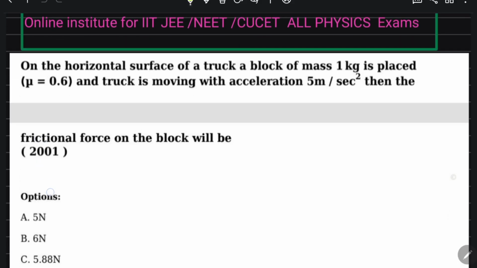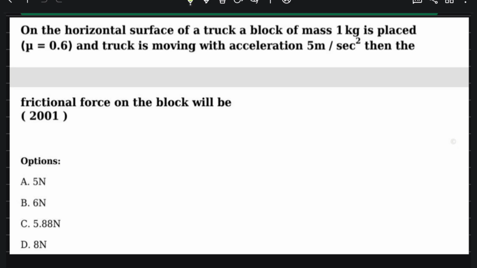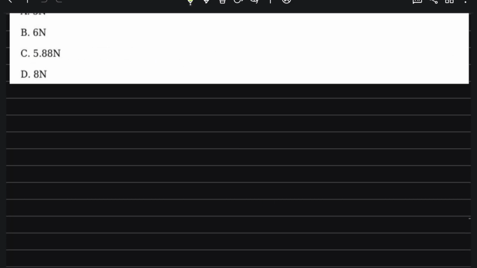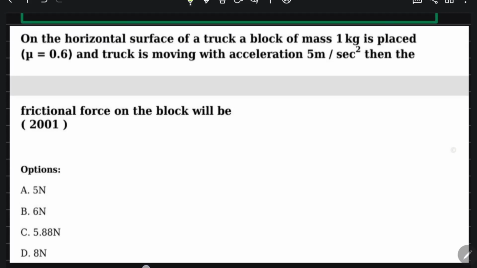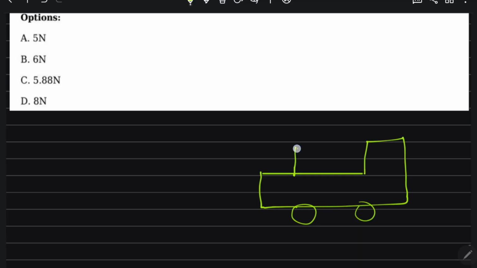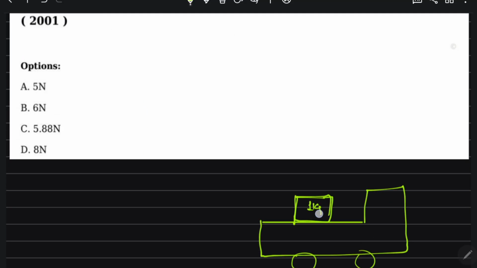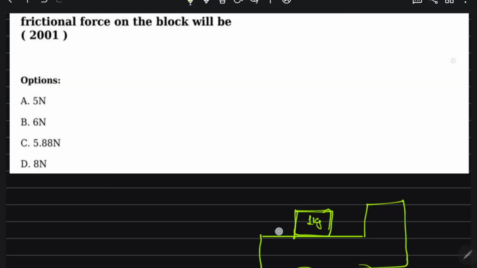On a horizontal surface of a truck, a block of mass 1 kg is placed and the truck is moving with an acceleration of 5 meter per second square. Then the frictional force on the block is. It is like this situation. The coefficient of friction is 0.6.